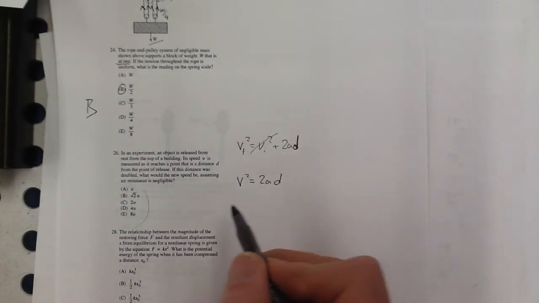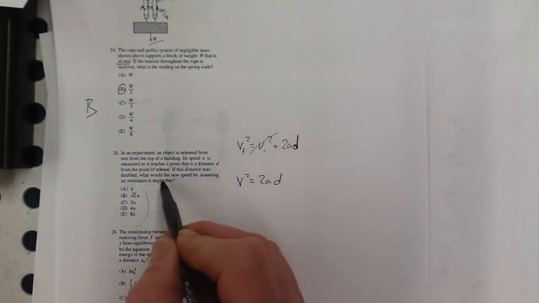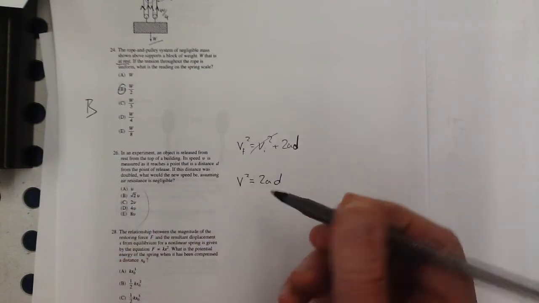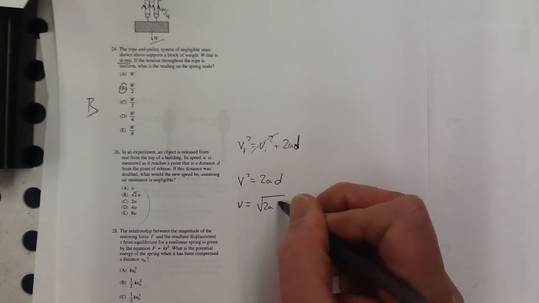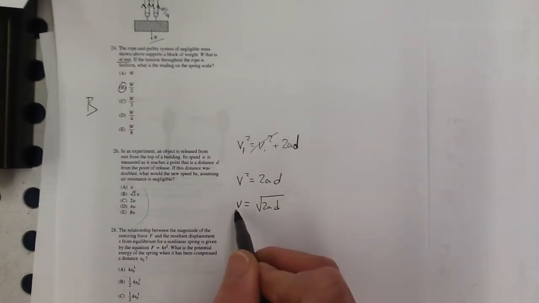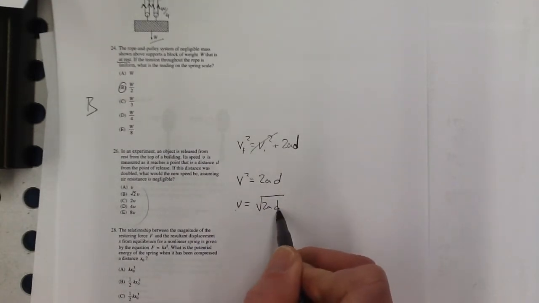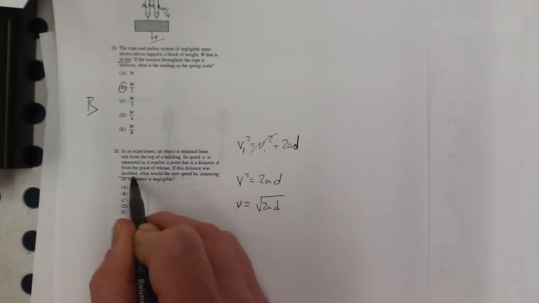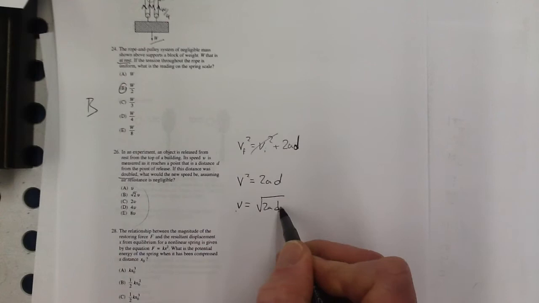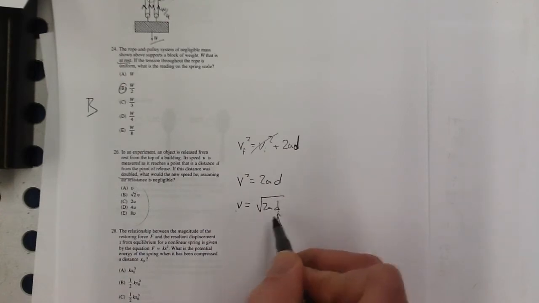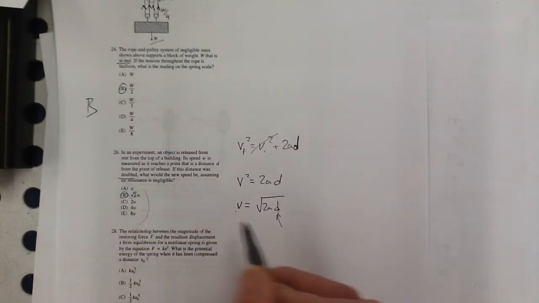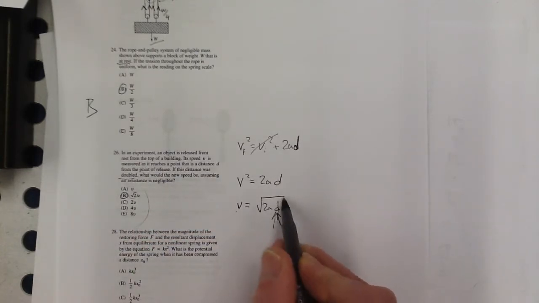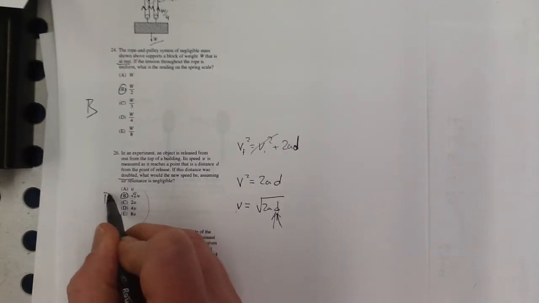So if you want to solve this for v, that means v is directly proportional to d to the 1/2 power. So if you double the distance, if you put a 2 under here, that's going to increase it, but only by the square root of 2, because that doubling is underneath the square root sign.